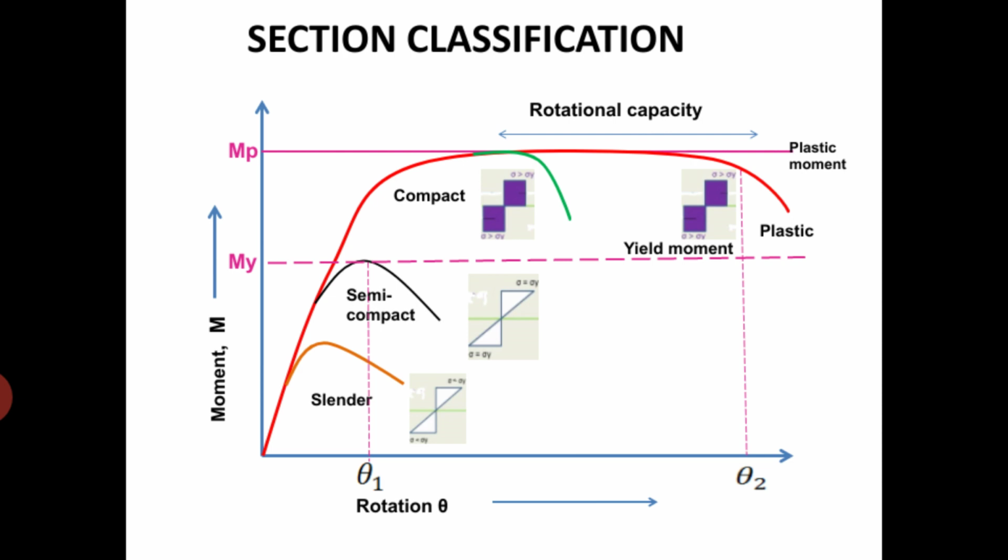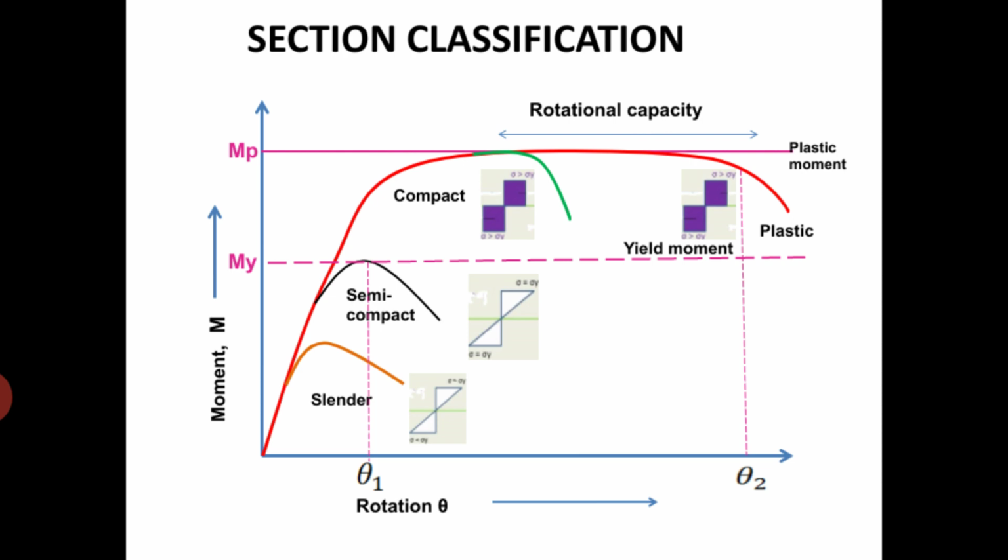So this is very, very important, the classification of sections. Whenever we go for the design of beams, first we have to identify whether the section is plastic, compact, slender or semi-compact. Based on that the design goes.